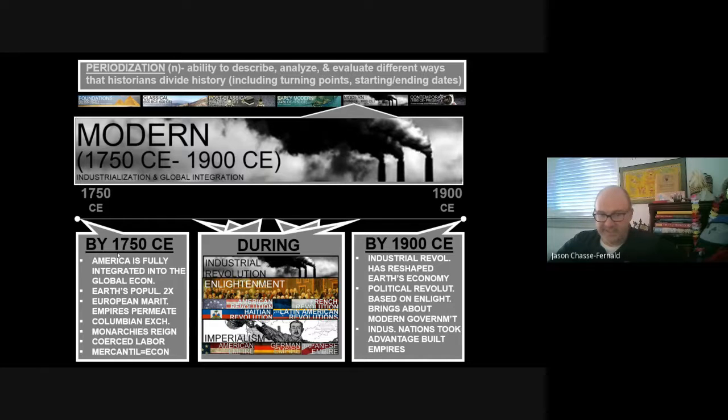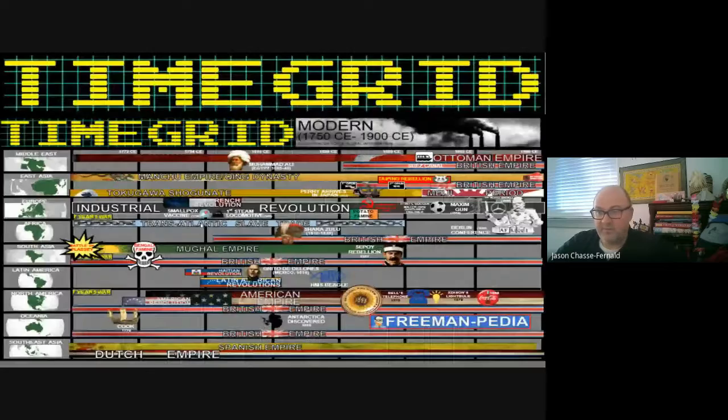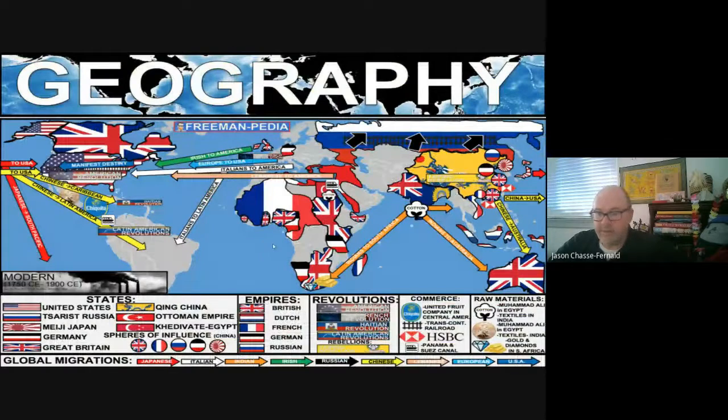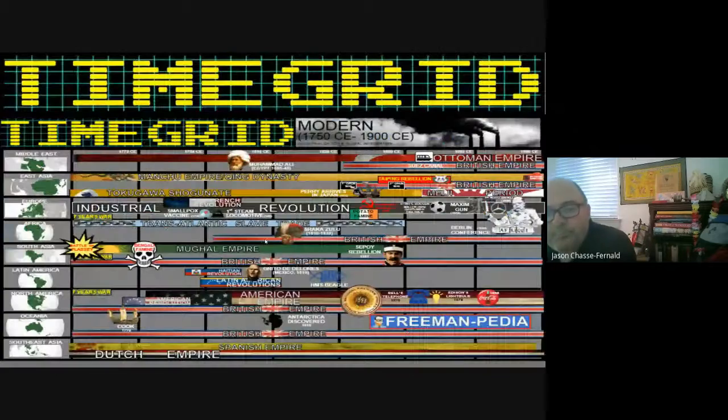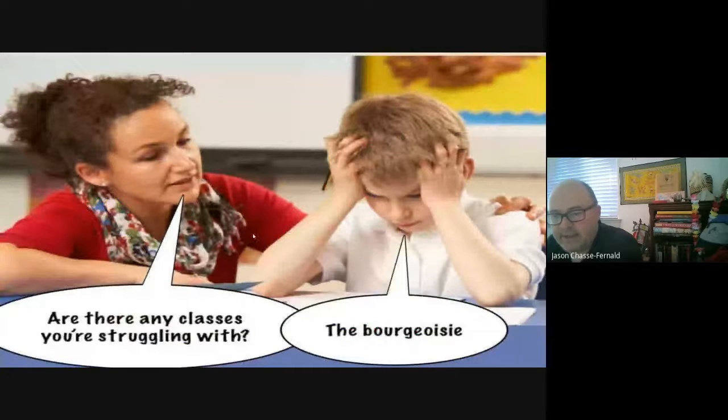We're seeing this process get underway right at the beginning of our time period. And by the time we get to the end of this time period, by 1900, it will not only be fully developed in the places of its origin, it'll be spreading all over the planet, and its consequences will be felt everywhere on Earth.